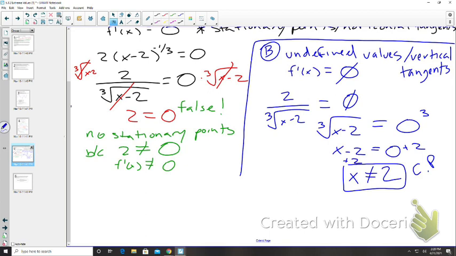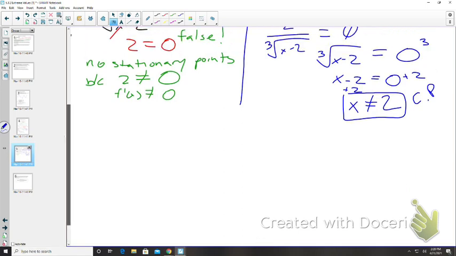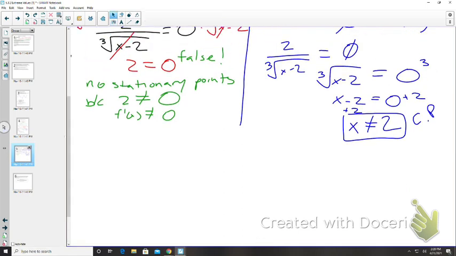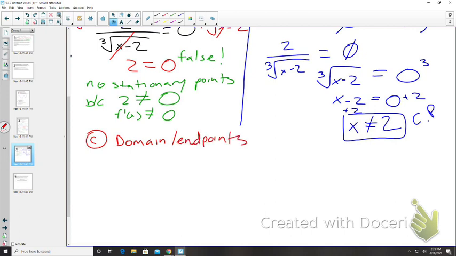What's the last thing we have to check for? The domain? Domain slash endpoints. Do we have any limitations other than our one undefined value for our domain or endpoints?